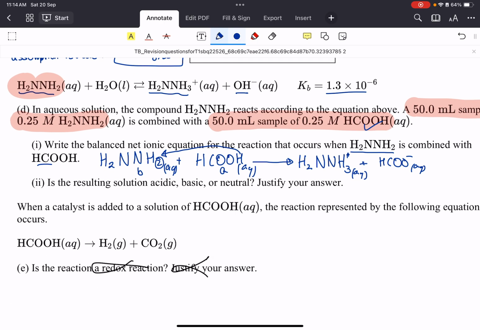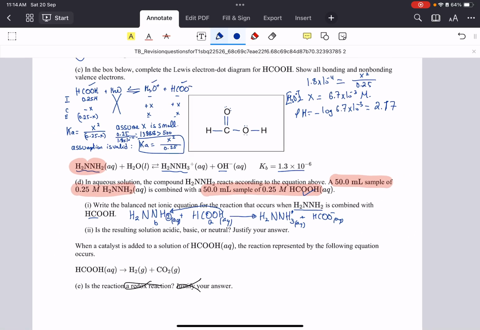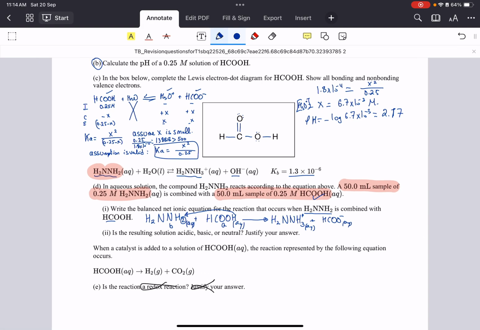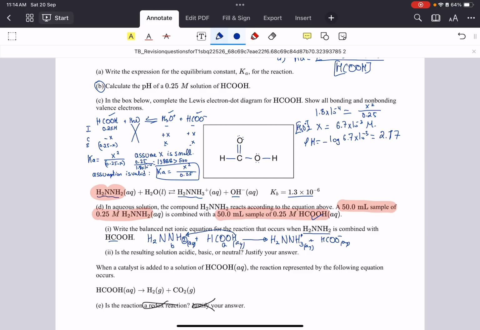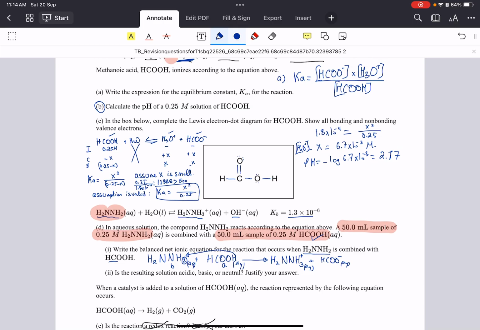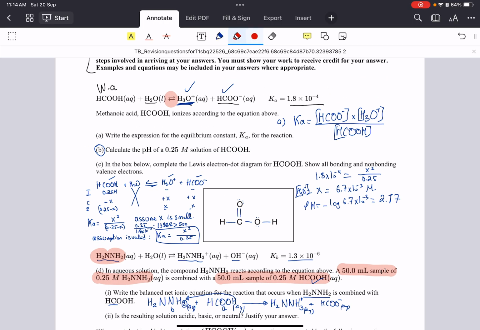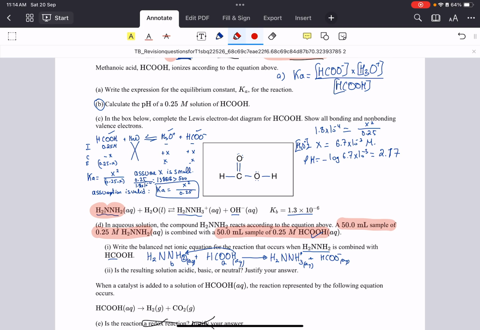Is the resulting solution acidic or basic or neutral? Justify your answer. Now, we need to see who's stronger in this case. Let's go back to compare the Ka of the given acid and the Kb of the given base.